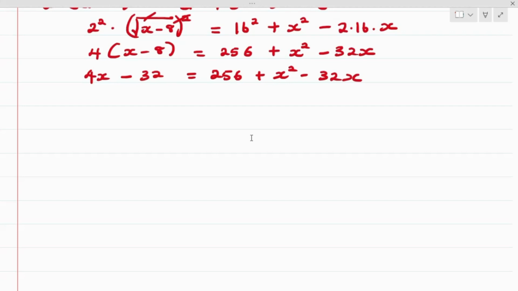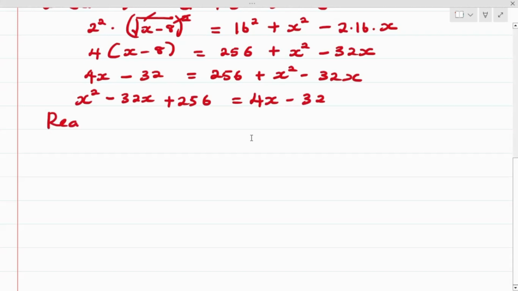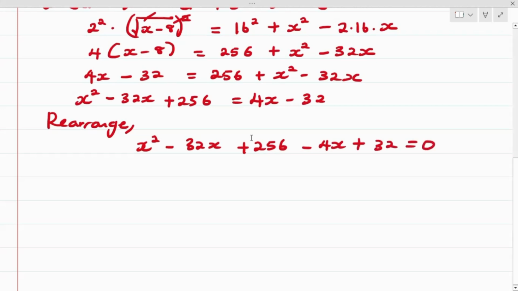So we have x squared minus 32x plus 256 equals what? 4x minus what? 32. So the next thing we want to do is to simply rearrange this and set it to 0. So we have x squared minus 32x plus 256 minus 4x plus 32 equals 0.